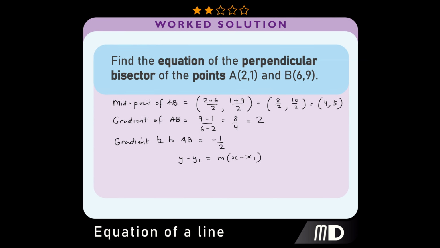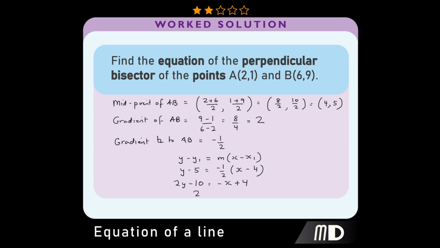So, y minus 5 is equal to minus 1 over 2 bracket x minus 4. We can simplify this by multiplying both sides by 2 to give us 2y minus 10 equals minus x plus 4.